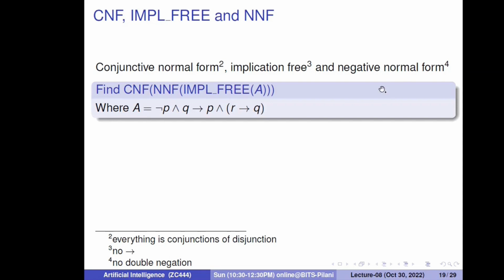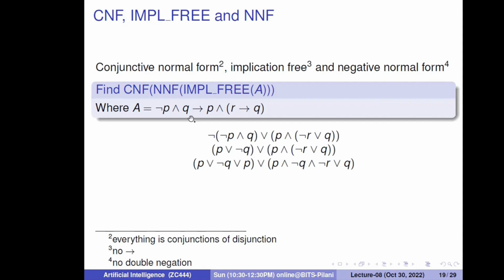Then there is negative normal form: if there are no double negations, we say that it is in NNF, negative normal form. Double negation can also appear in the equation.